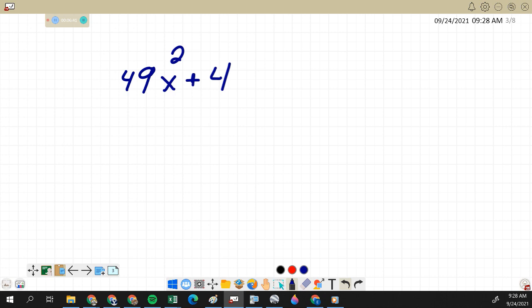Oh, you guys are overlooking something. What's wrong with this? It's a plus. It cannot be factored if it's a plus. Okay, now I'll fix that. Change it to a minus. So, what are the factors going to be?